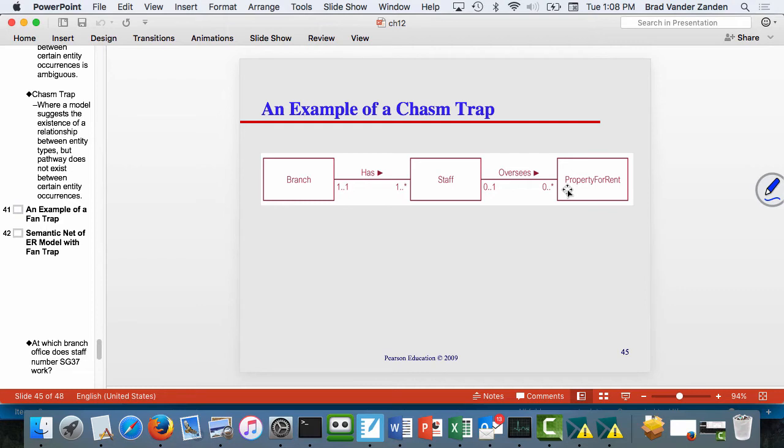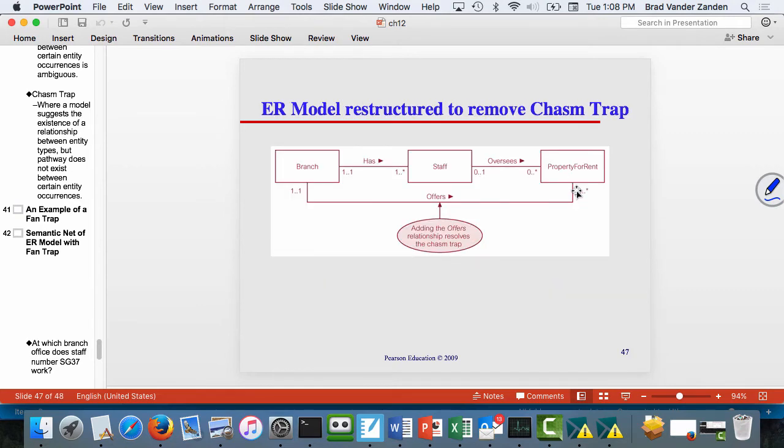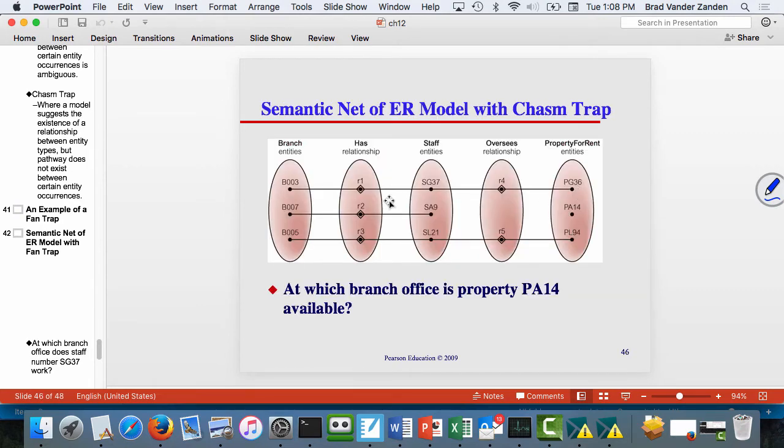Okay, so let's again look at what's called a semantic net. And here we have a property, PA14, that's not managed by any staff. And because it's not managed by any staff, we can't determine which branch manages it. Now that's not necessarily a good thing.